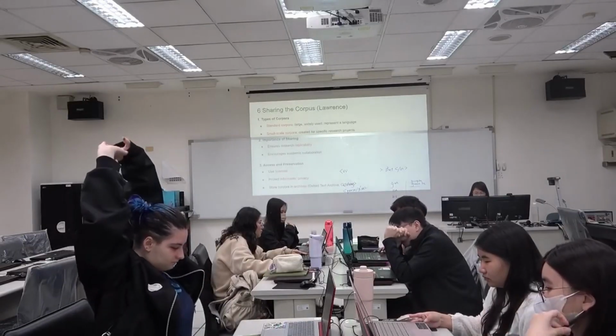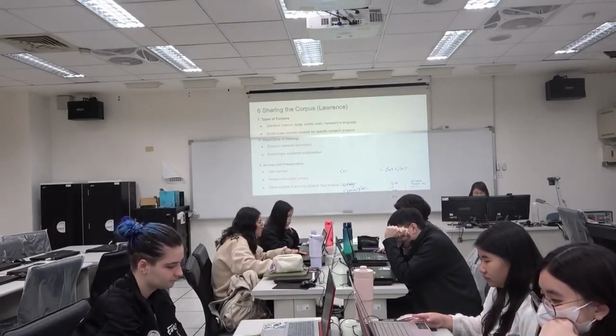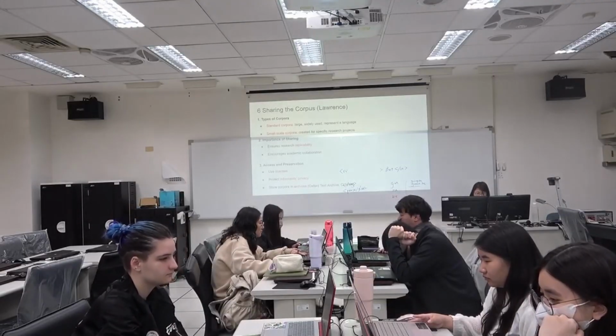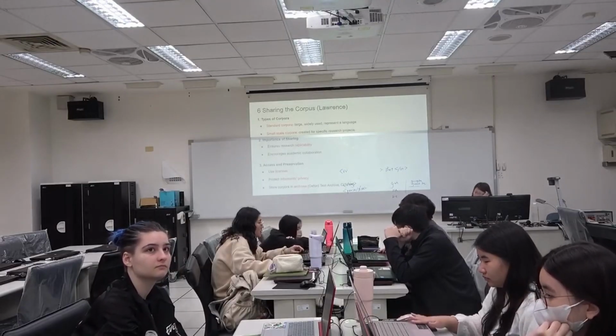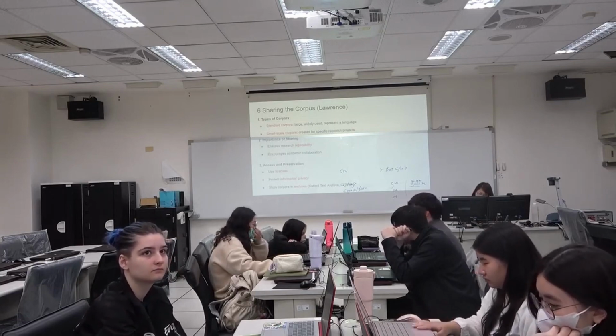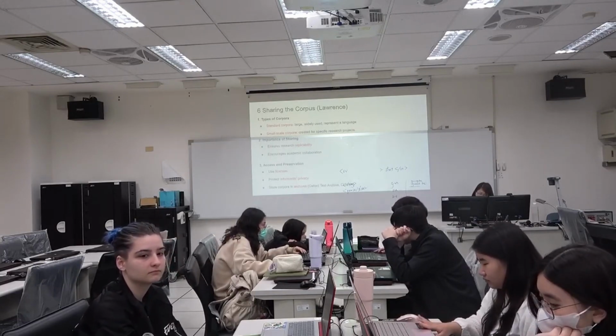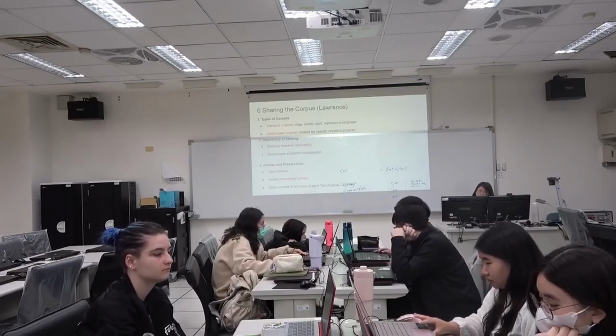Next, when we share the corpus, we also need to notice access and reservations. The first one is using licenses to keep a record of users and enforce specific terms of use. Second, we also need to protect informants' privacy.